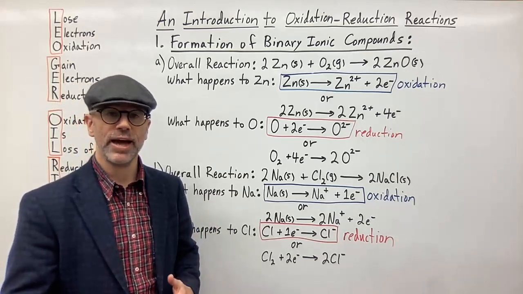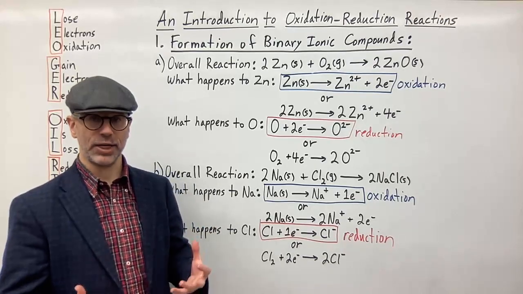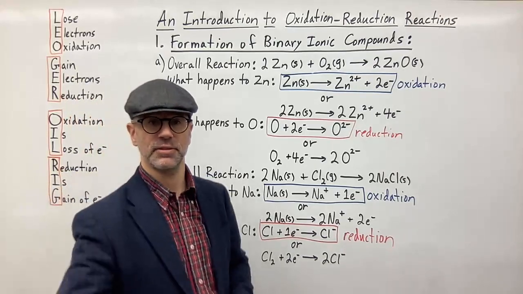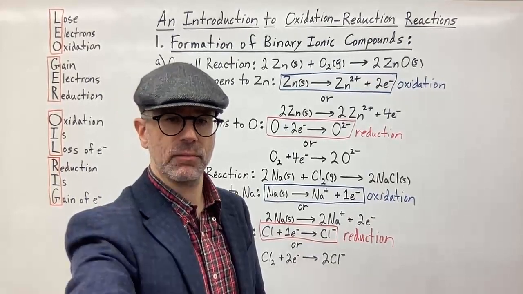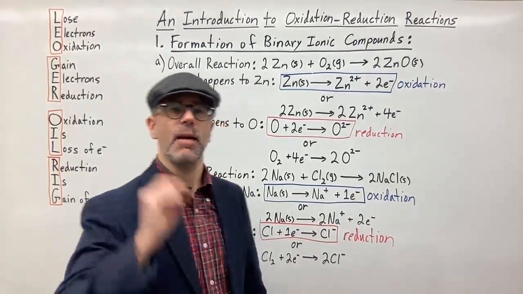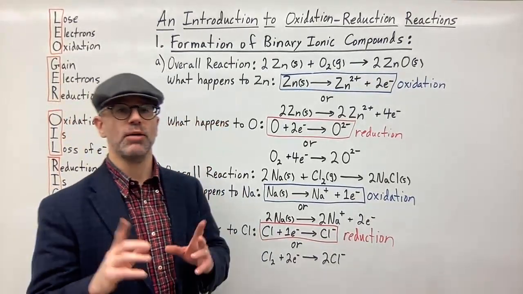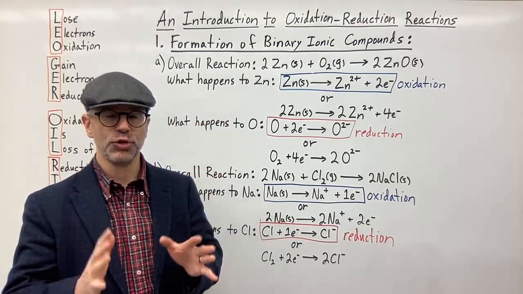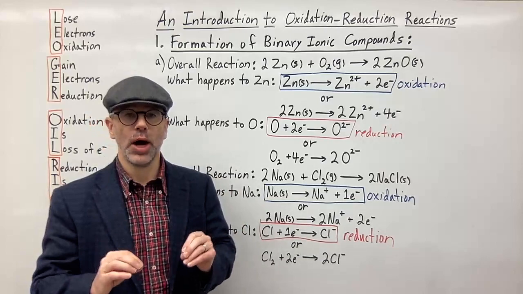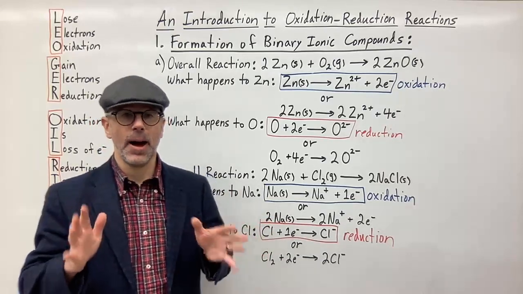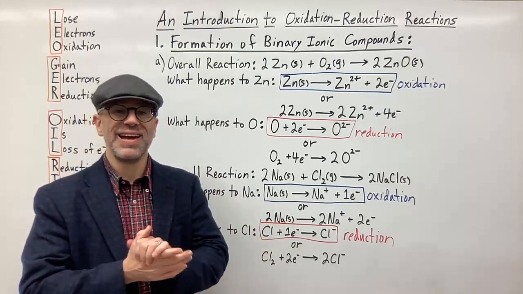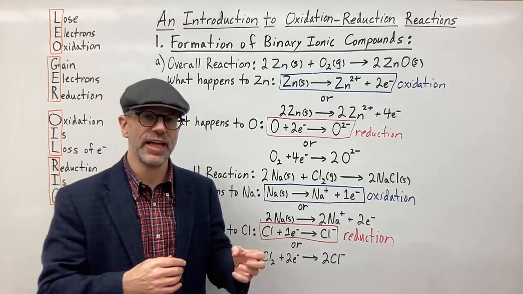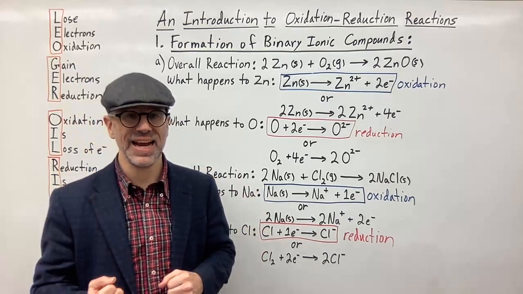Now let's take a look at the formation of molecular compounds. But wait, before I do that, there's one more thing for me to go over that's really important, and it's quite confusing, or confuses students quite a bit, and it's understandable. But let me go over this idea of reducing agent and oxidizing agent.